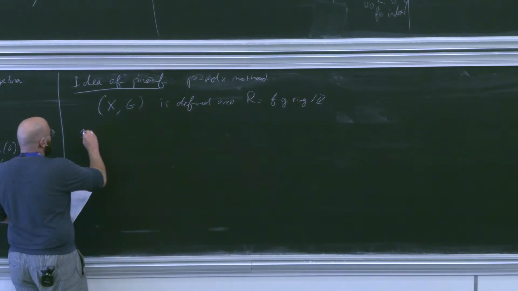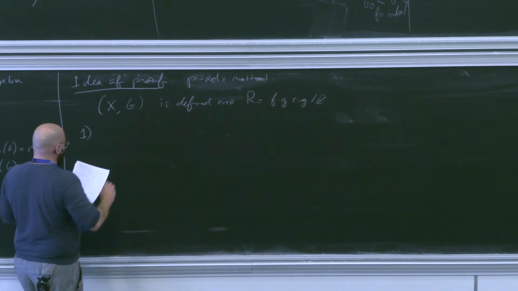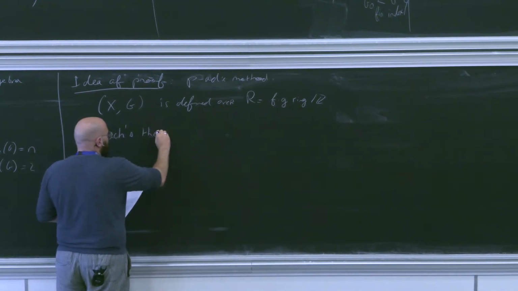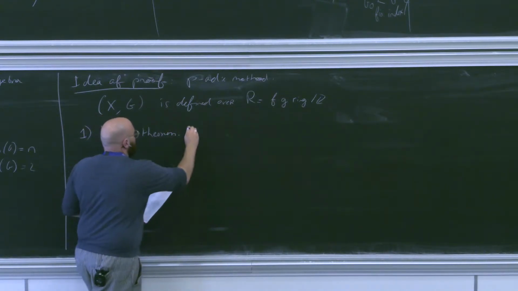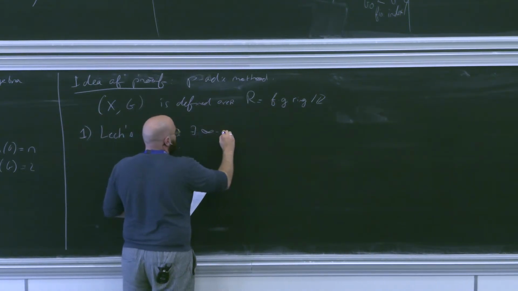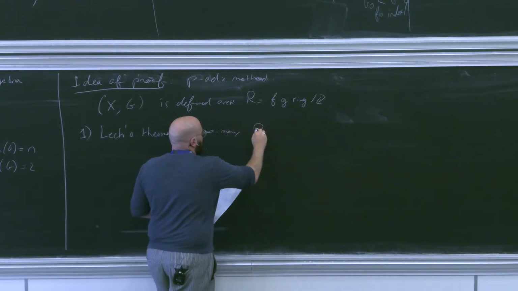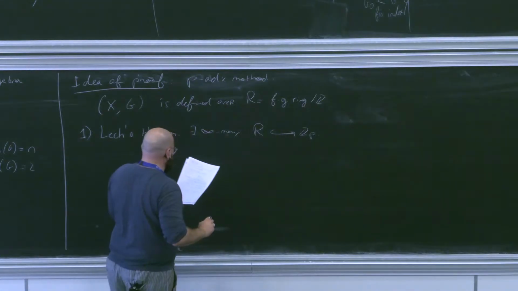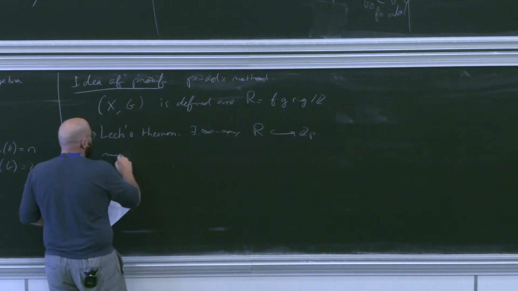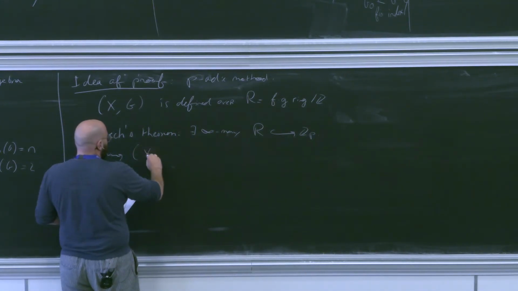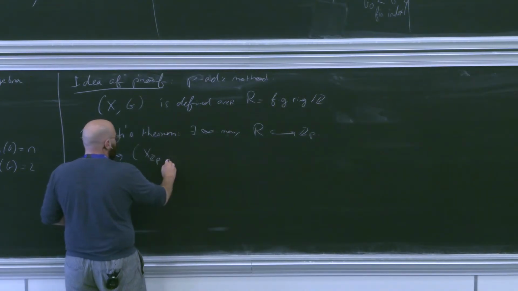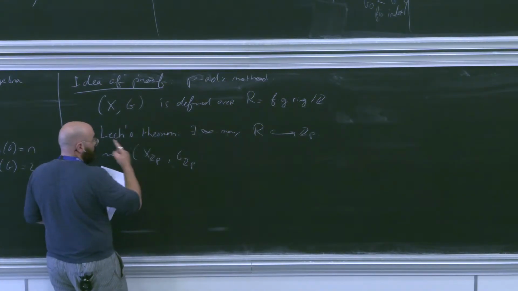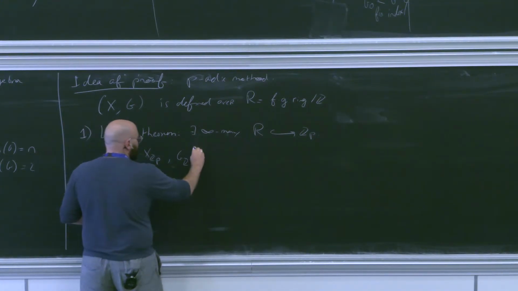So the first step is to use Lech's theorem, which tells you that there are infinitely many embeddings of R into the ring of p-adic integers. This will give you, by base change, a scheme over Z_p and a subgroup of the Z_p automorphisms of this variety.